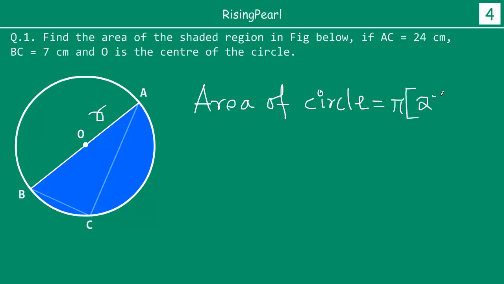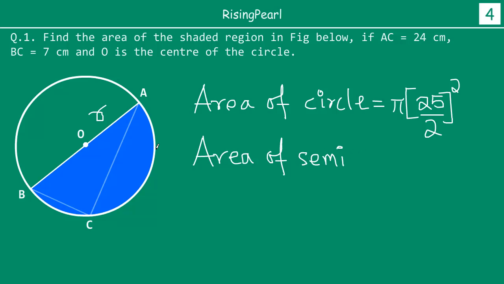R is 25 by 2. Pi r square, this is the area of the circle. So we can say that area of the semicircle, because we need to really have the area of the semicircle highlighted in blue here, will be half of whatever this area is.